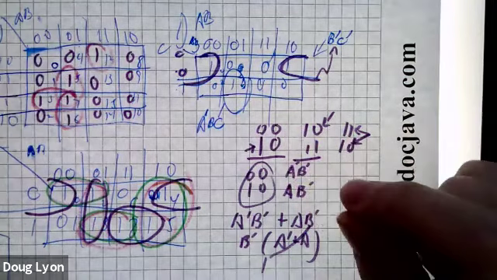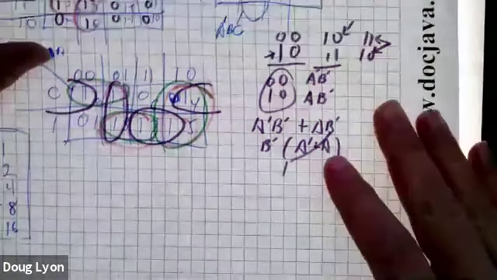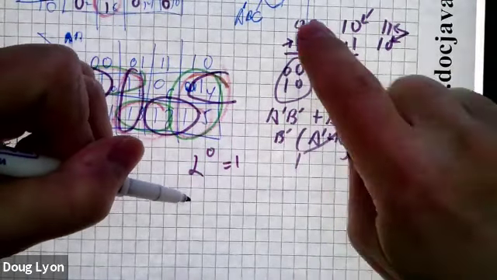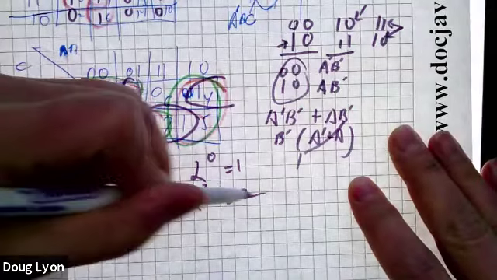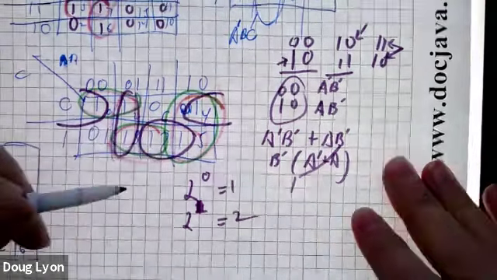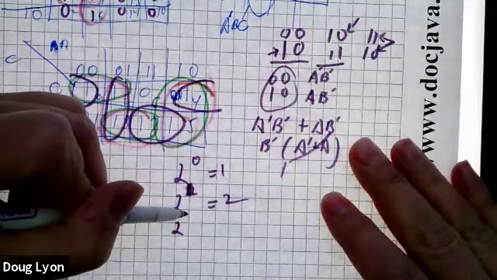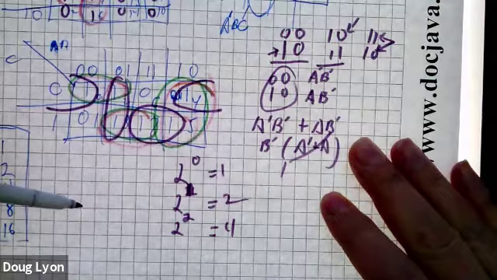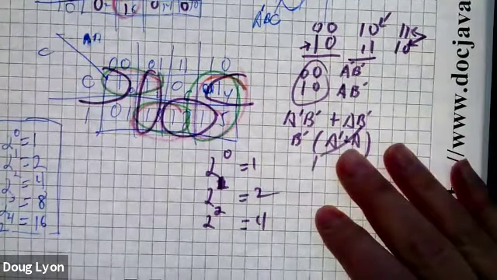Loops can be an integral power of 2. What does this mean? It can be 2 to the 0, which equals 1. That's here. It can be 2 to the 1, which is equal to 2, which is here. It can be 2 to the 2, which is equal to 4 different elements. And I don't have a good example of that.